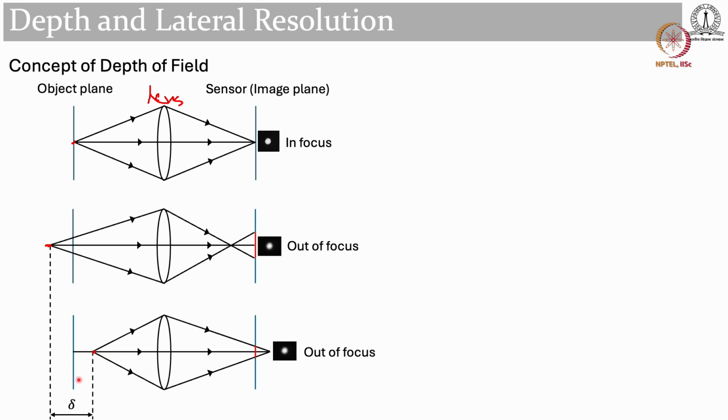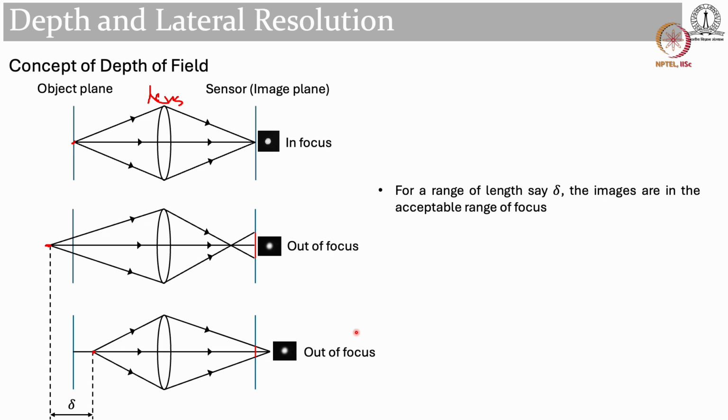So this is a trade off again, and you have to decide that, suppose till this distance, if your particle is somewhat in focus, which is acceptable, then you can use that as one of your limits. And when you bring the particle near to the lens and you are getting an out of focus image but it is in the acceptable range, then you can consider this to be the other limit.